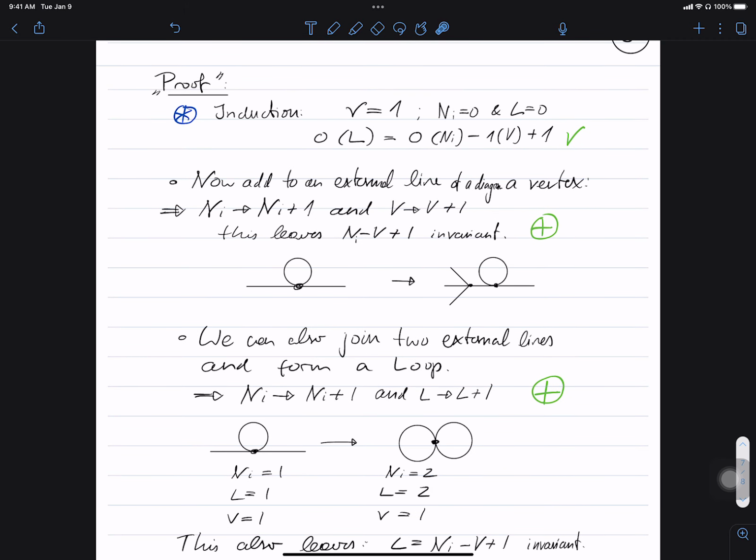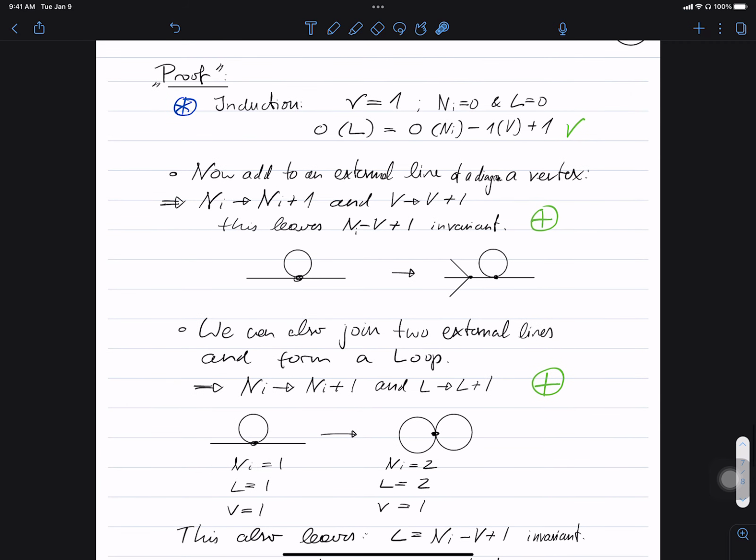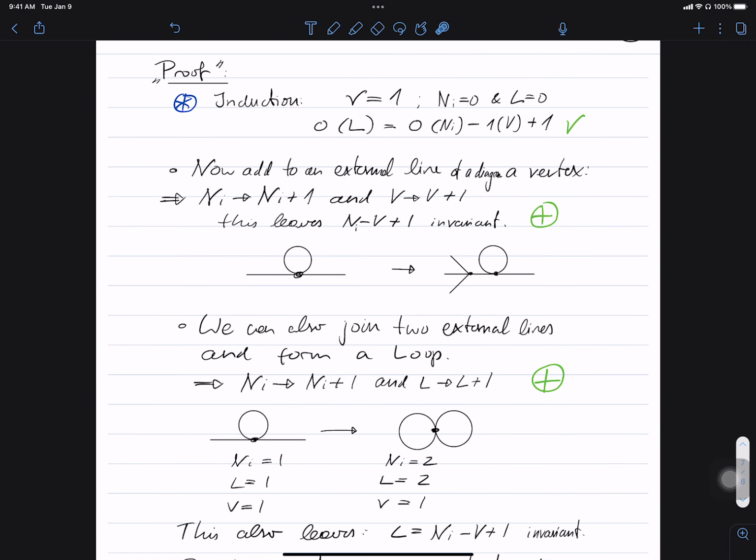So let me tell you finally, as promised, the argument to prove why this equation was true, about the relation of vertices, loops and internal particle numbers. We can check it essentially by induction: for the number of vertices equal to 1, the number of external lines equal to 0, and the loop number equal to 0, we can plug it in and say, yes, 0 is equal to 0, that is, minus 1 plus 1.